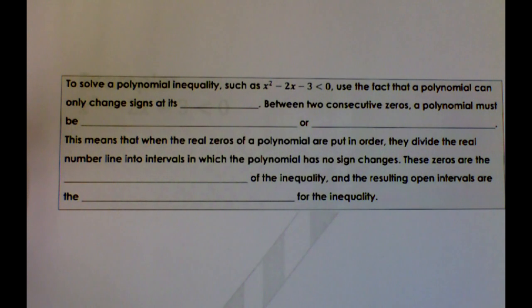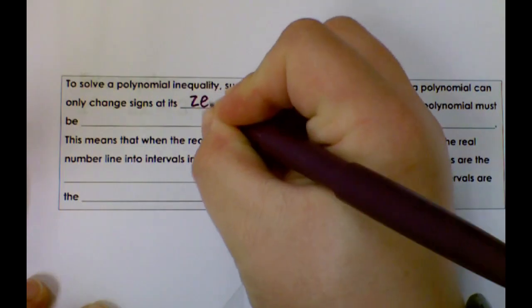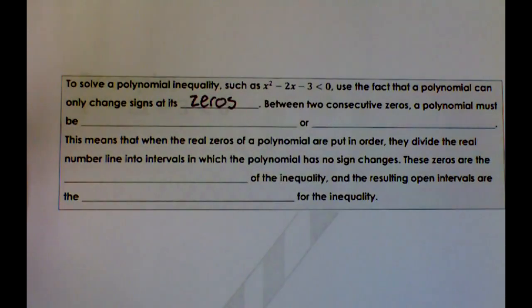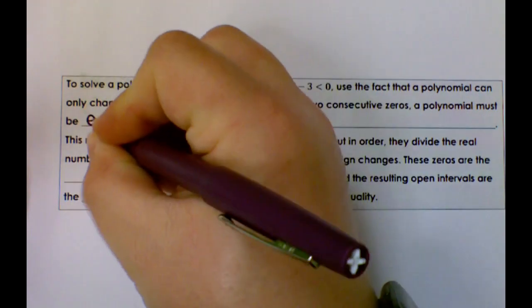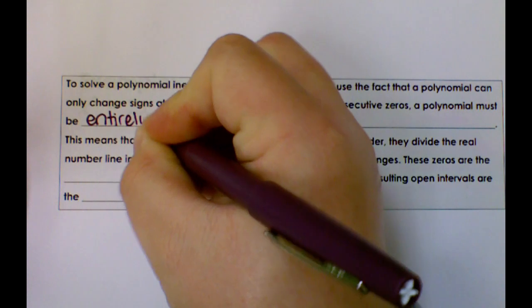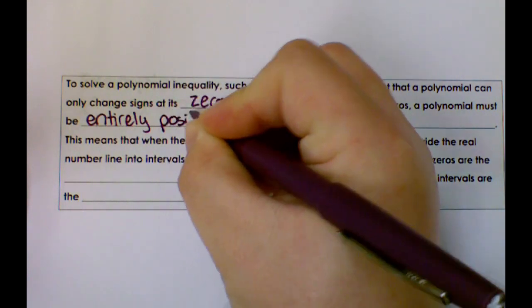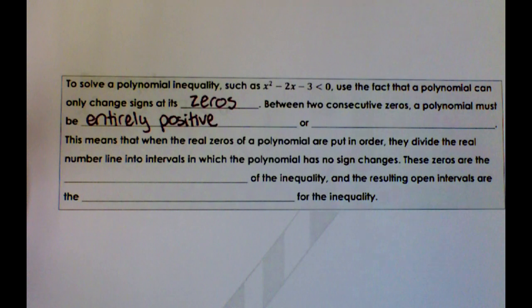the fact that a polynomial can only change signs at its zeros. Between two consecutive zeros, a polynomial must be entirely positive or entirely negative.